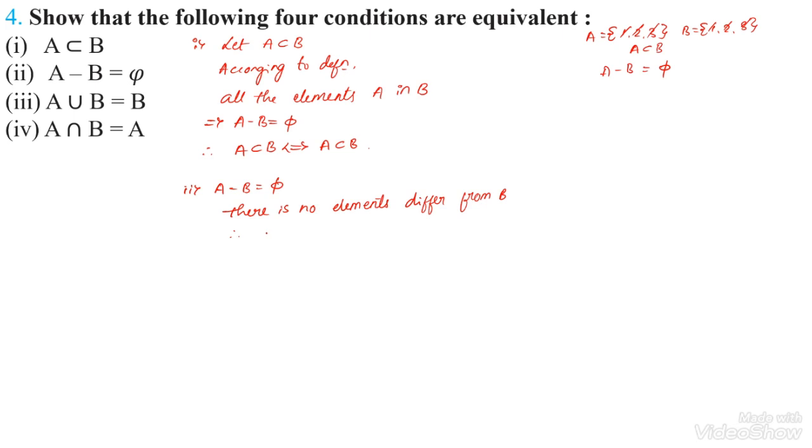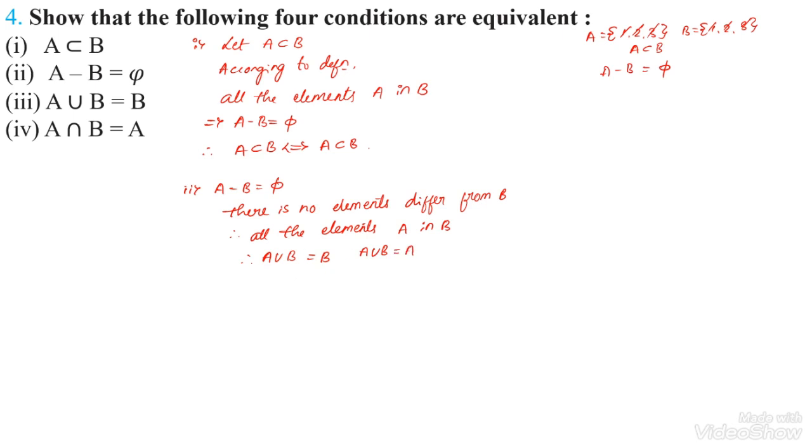That's why all the elements of A are in B. Okay, while observing this example, what I have written, all the elements of A are in B. Therefore, A union B is equal to B, or else A union B is equal to A. Both results are true.